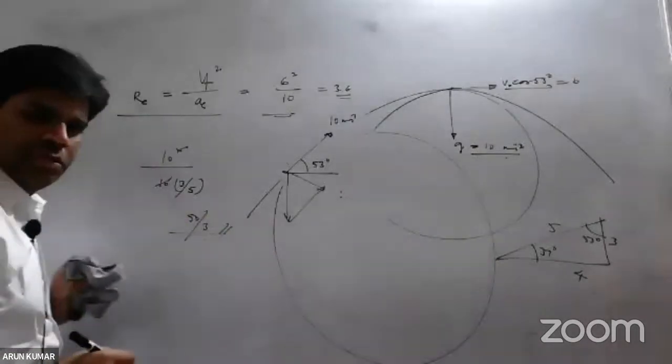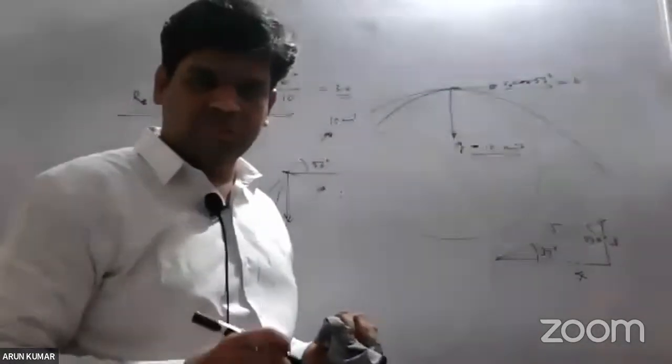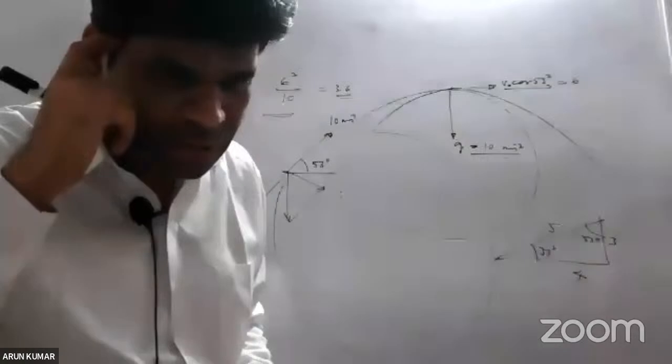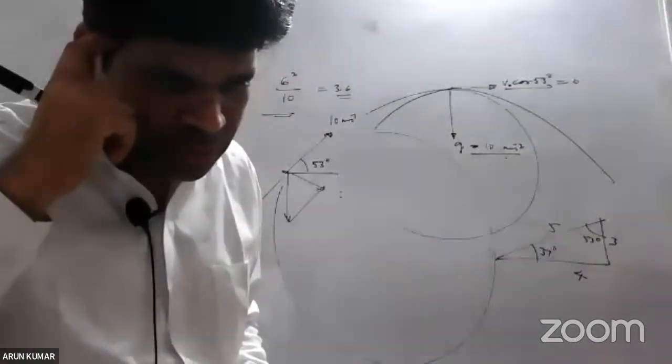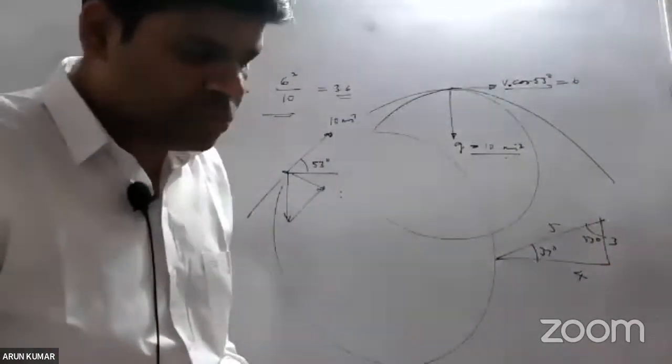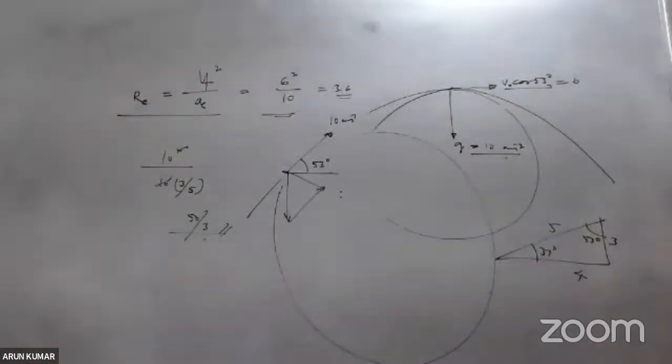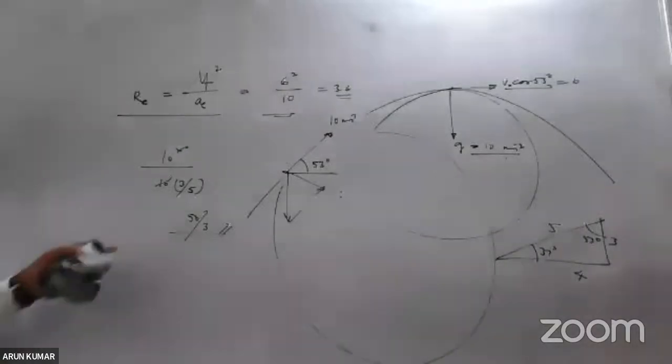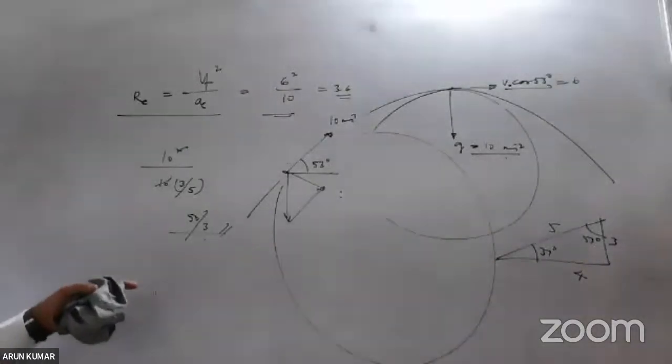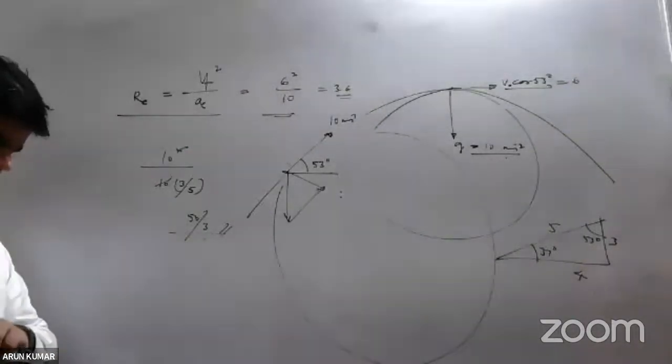Correct. 50 by 3, right? That's right. All right. Now look at the students.